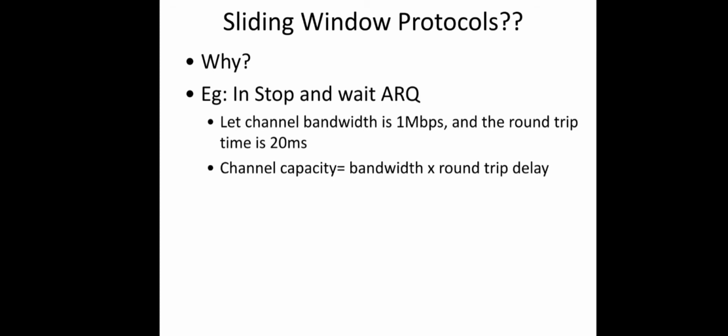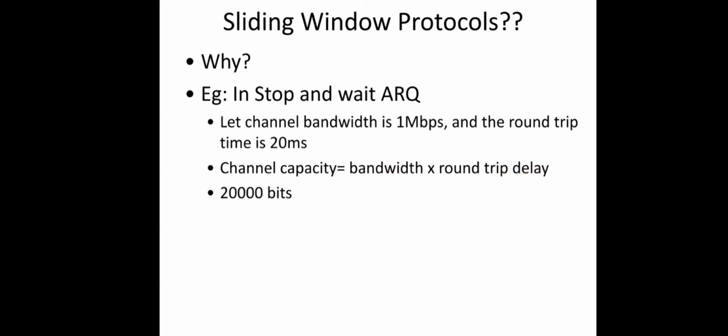So now let us check how much of the channel is actually utilized and how much is wasted. The channel capacity, that is how many bits can be transmitted over this channel during this round trip time, can be calculated using this equation: bandwidth into round trip delay.